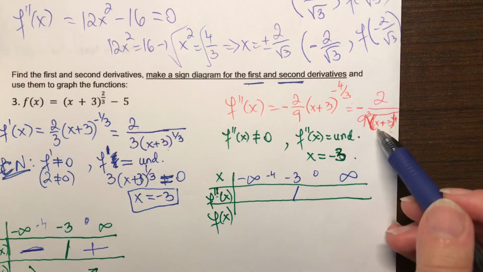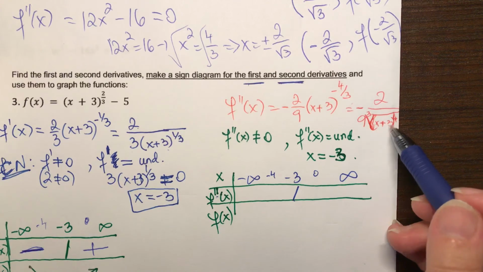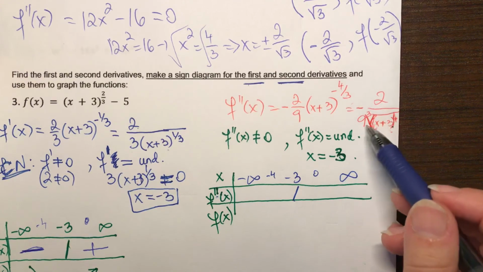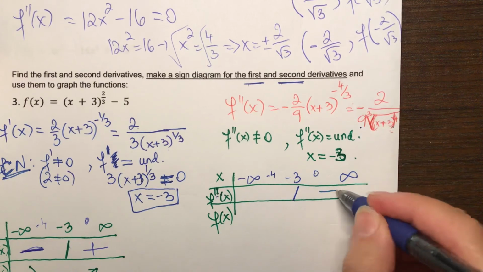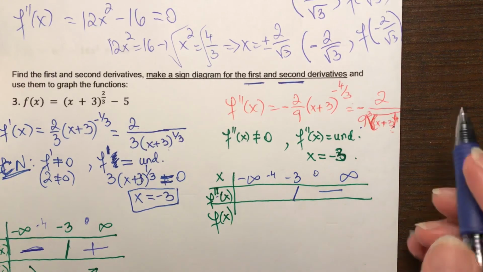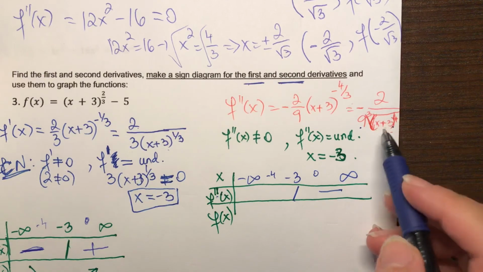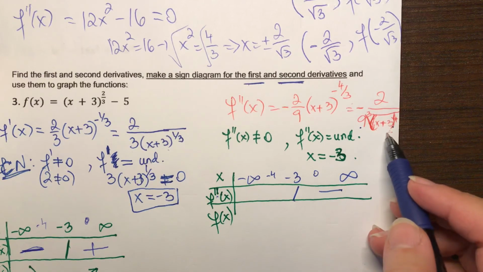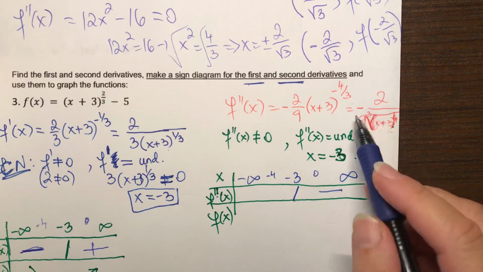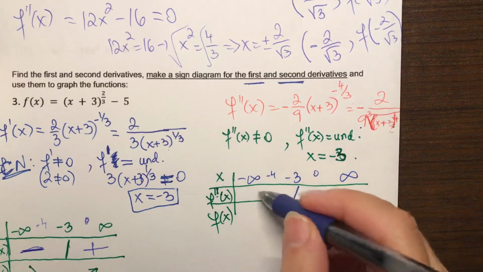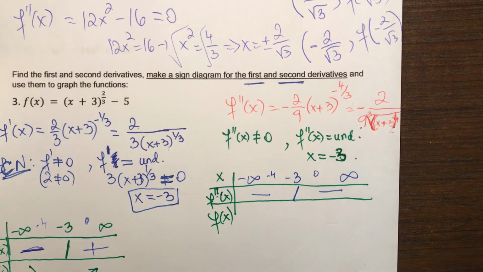If I put in a 0, 3 to the 4th is positive, cube root of that is positive. With the negative up front, that makes it a negative. Even if I pick a negative 4, plus 3 is negative 1, but raised to the 4th power, that's a positive 1, right? Cube root of positive 1 is 1 times 9, and the negative 2, that makes it a negative.